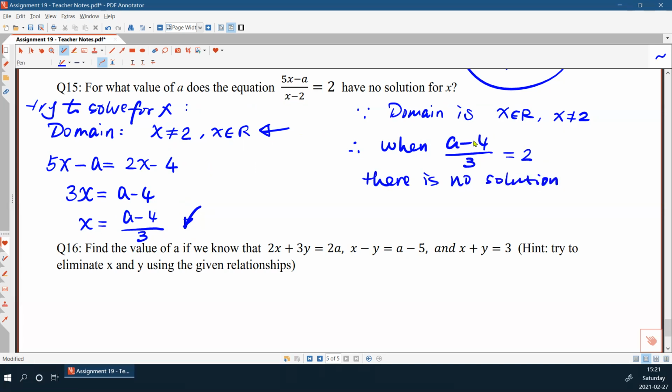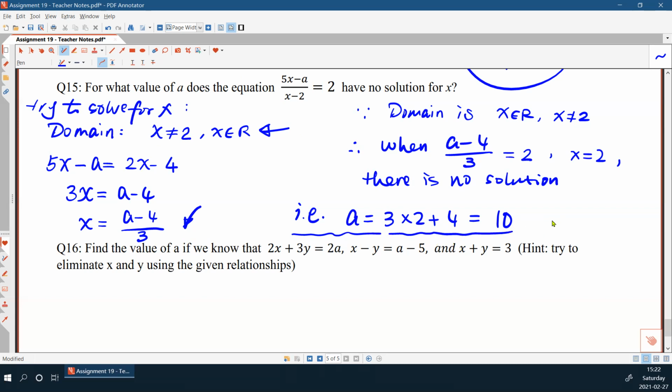Because when this value is 2, then x will be 2. This is contradictory to the domain. So in this case, there is no solution for x. So that means when this value is 2, a is 3 times 2 plus 4, which is 10. So in conclusion, when a is 10, there is no solution for x.